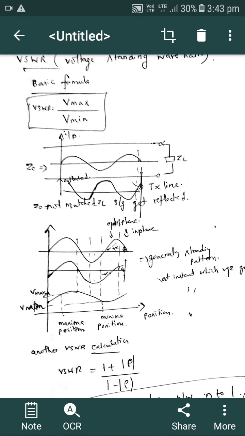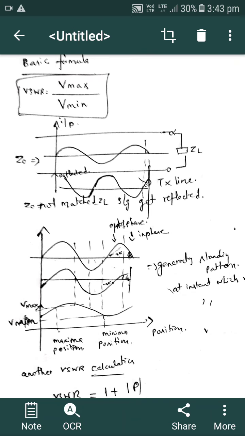This is the input voltage which we are feeding to the transmission line. Due to the mismatch between the characteristic impedance and the load impedance, the incident wave gets reflected. This is the reflected wave representation.